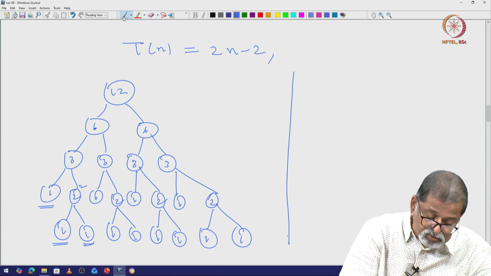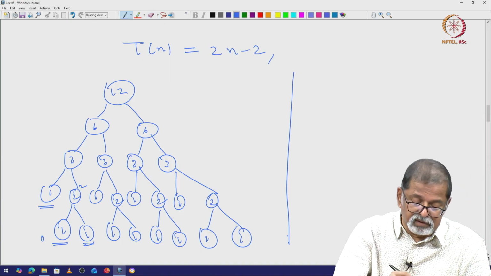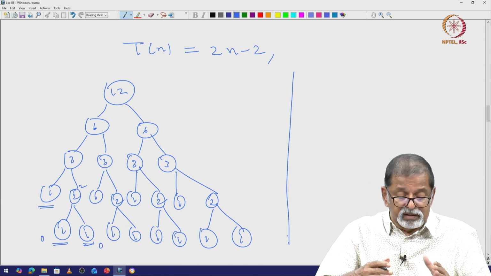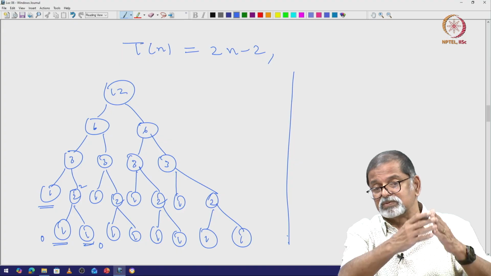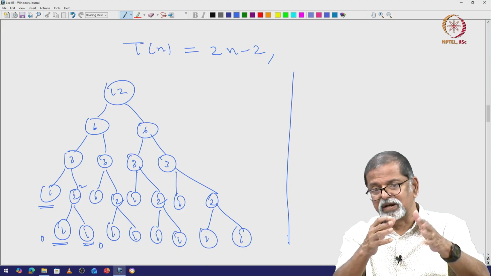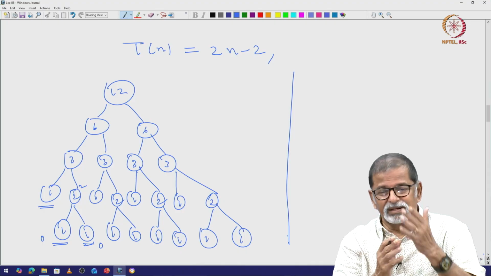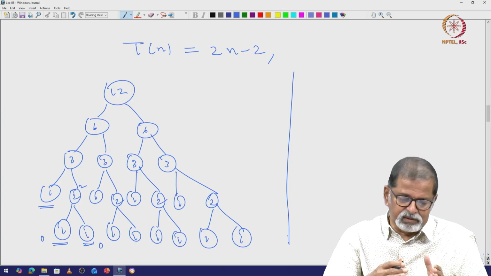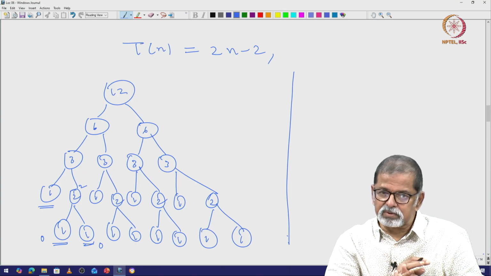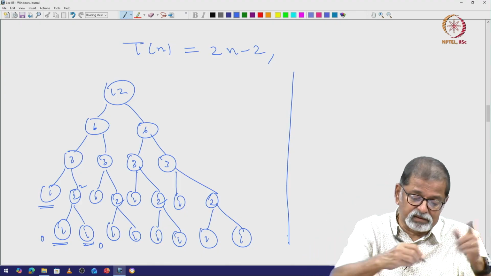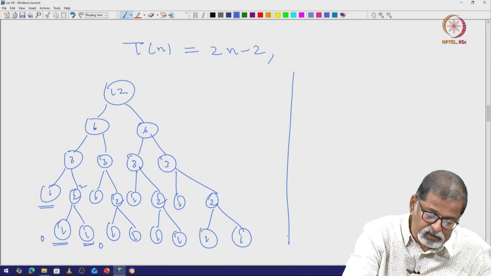It will do 0 comparison, this will do 0 comparison, it will return the min value, max value, because there is only one item, that is the maximum and that is the minimum. No comparison is needed. So with the 0 comparison, you come to here, mins are compared, max are compared, and min and max are returned.